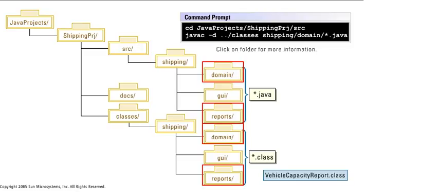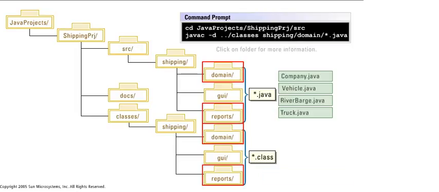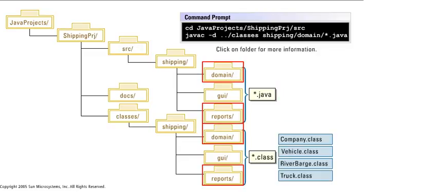And then we give it the path to the .java files that we want compiled. So in this case, we want the Java files in the shipping/domain directory to be compiled and placed into the classes/shipping/domain directory. And this is illustrated in our little animation where we see our .java files compiled into .class files, and then placed in the classes/shipping/domain directory and reports directory, respectively.